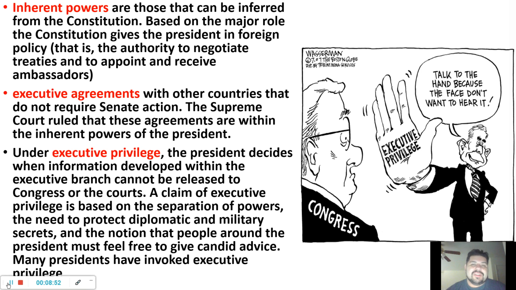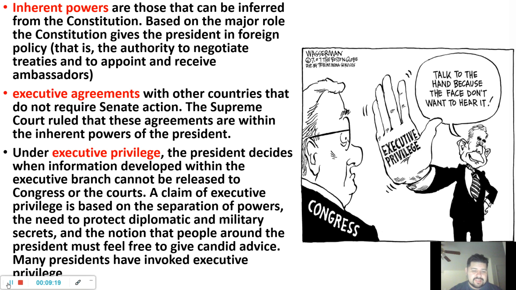Now, this last one is my favorite of all the powers of the president. This is like, oh man, they use this one. This is like their wild card that they can use. It's called executive privilege. Basically, it's this: the president decides what information is shared with Congress, the courts, or you, the people, you and me. A claim of executive privilege is based on the separation of powers.